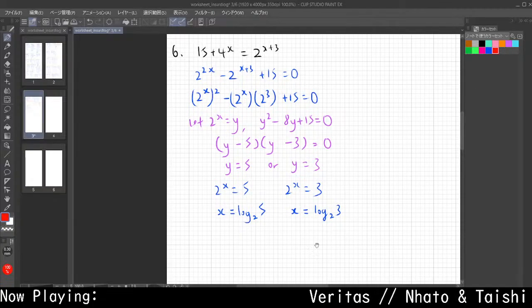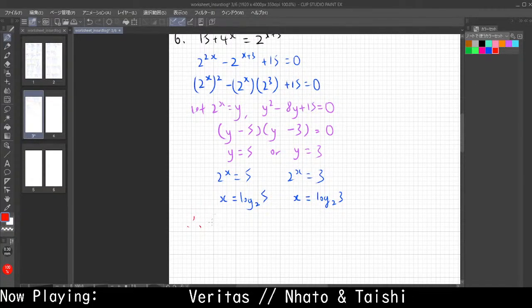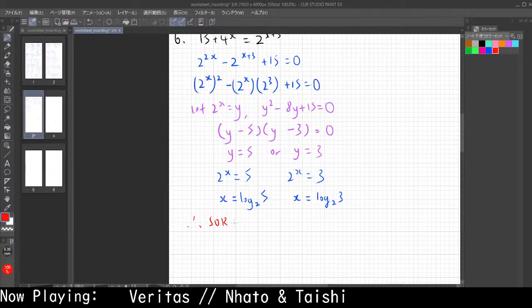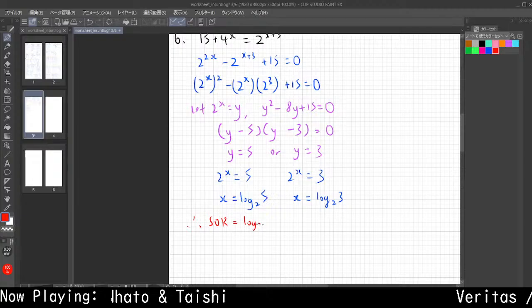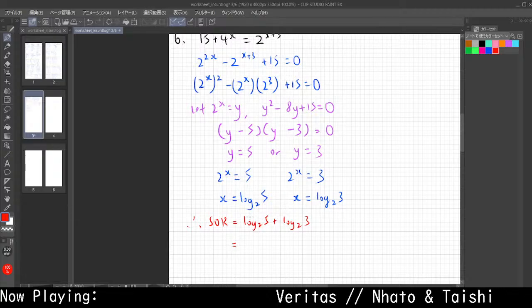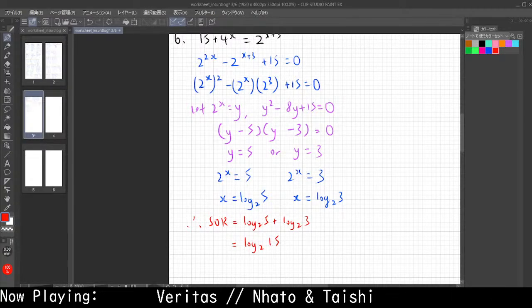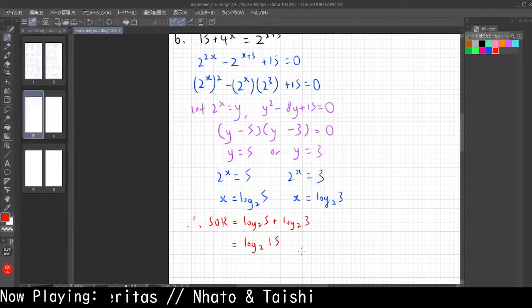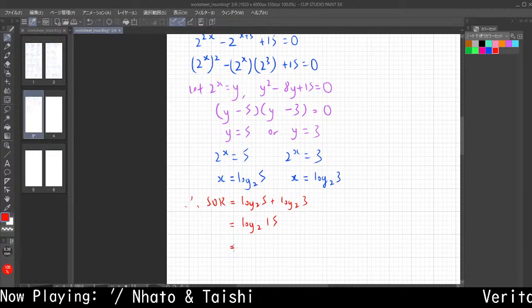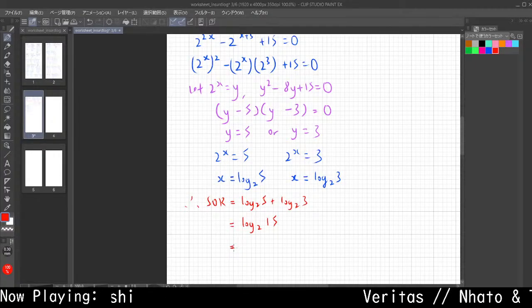Therefore, at the end, the sum of roots, SOR, can be written as these two roots adding together. Because both of them have the same base, you can combine them, turning plus into multiply. So 5 times 3. Instead of calculating two numbers, you now only need to calculate one.